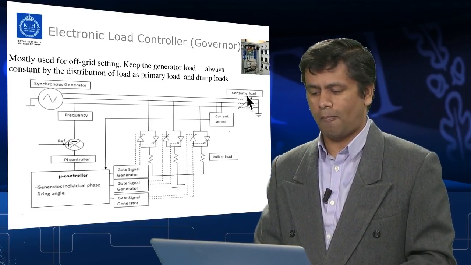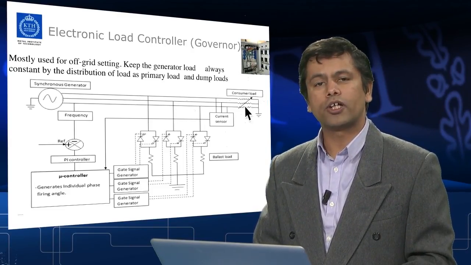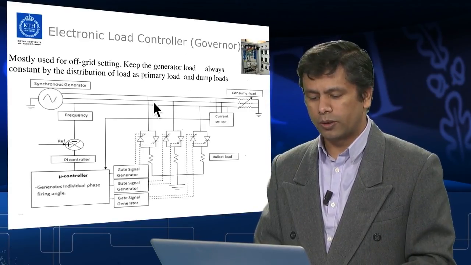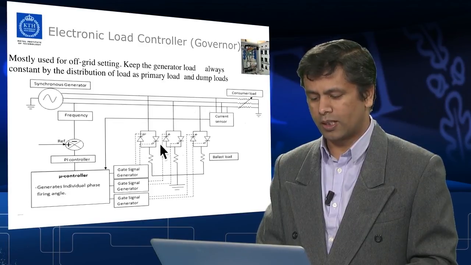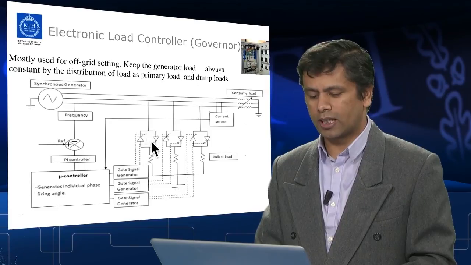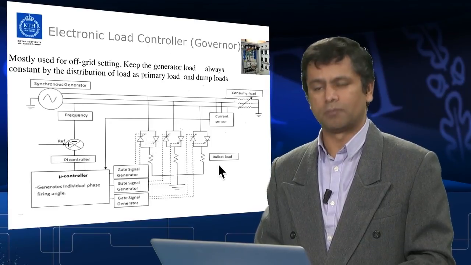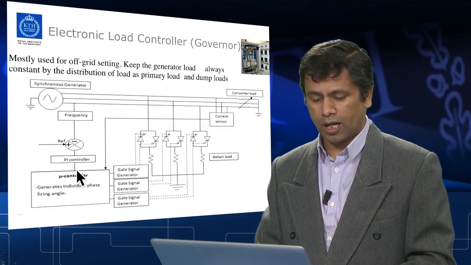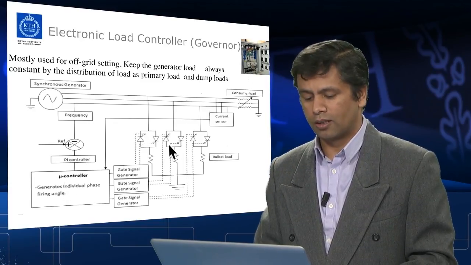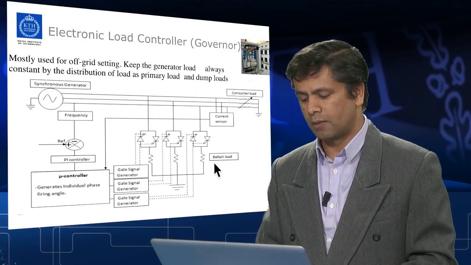So if the consumers are not using the design output power, then some of the load is diverted towards the ballast load by actuating this thyristor control system, that is, you have this PL controller, and that controller will actuate this thyristor-based ballast load.